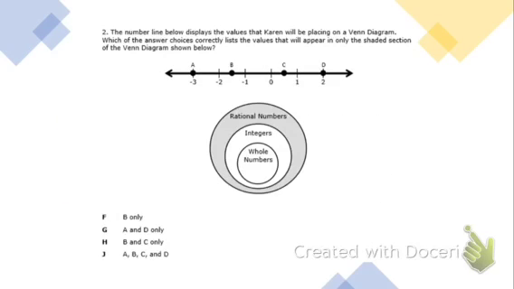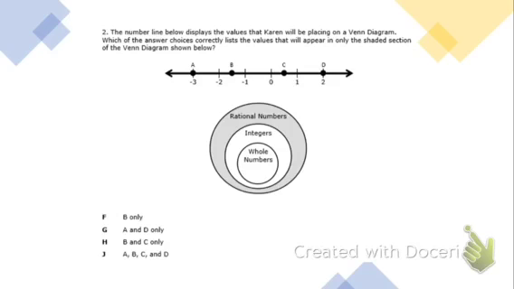Number 2, the number line below displays the values that Karen will be placing on a Venn diagram. Which of the answer choices correctly lists the values that will appear in only the shaded section of the Venn diagram shown below? So if I look in the shaded section is rational numbers, okay?